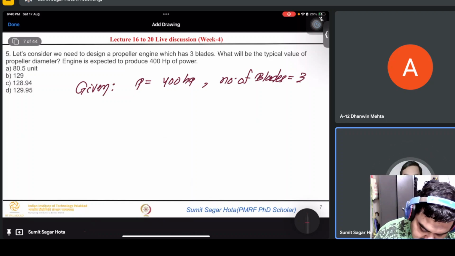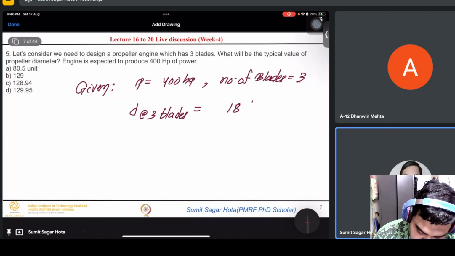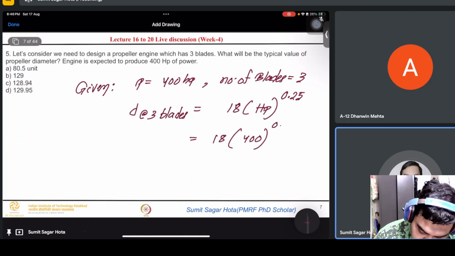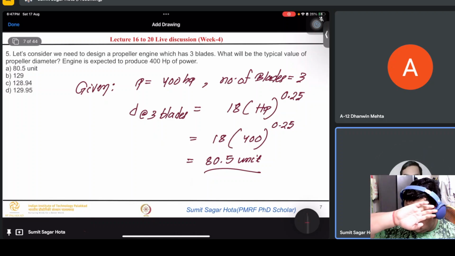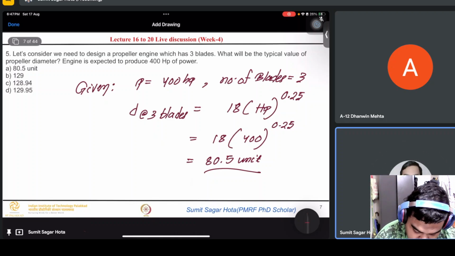So D for 3 blades is 18 into horsepower to the power 0.25. 18 into 400 to the power 0.25 is 80.5 units. Okay, so the answer is A.